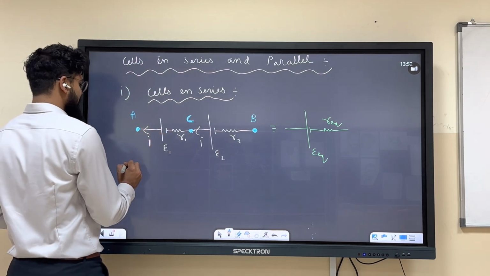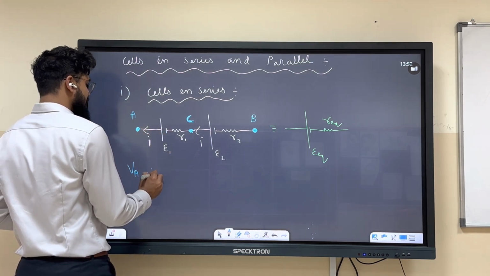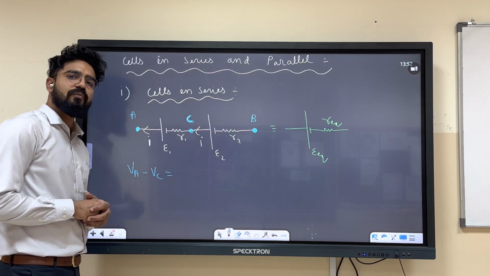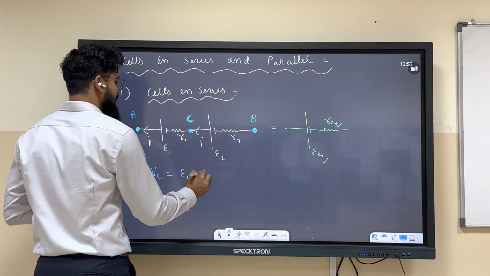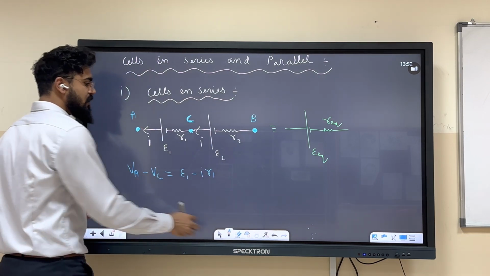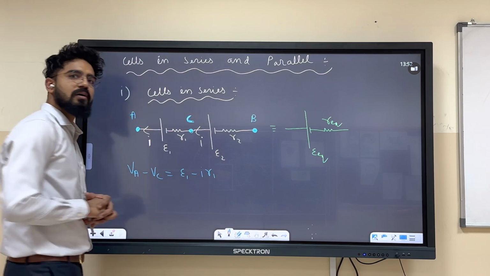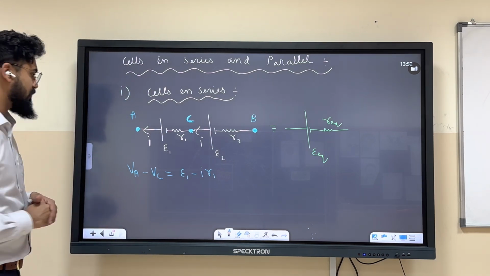So can we write VA minus VC equals, for discharge, E minus IR, or E1 minus IR1? Very good.